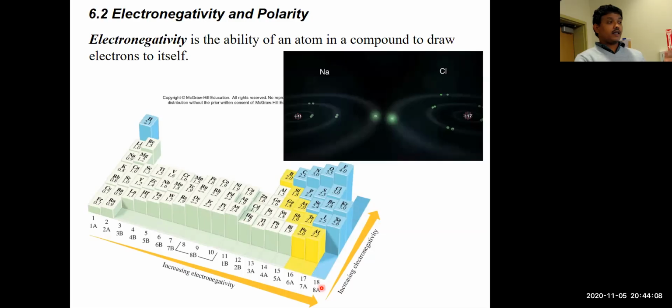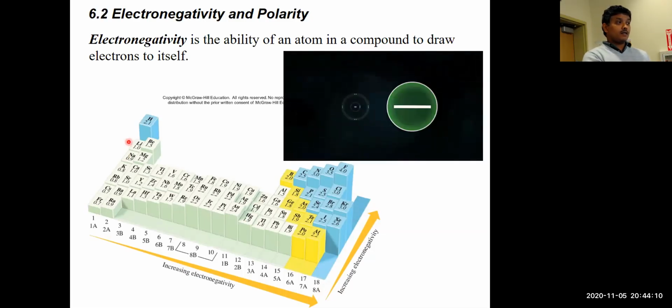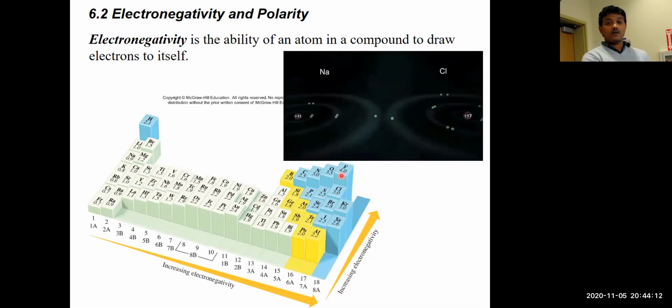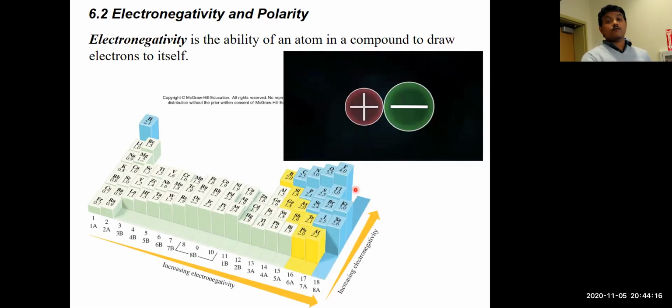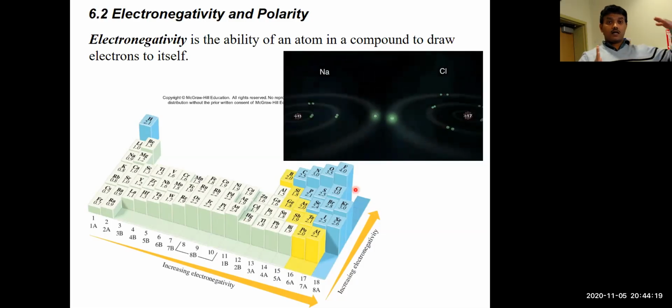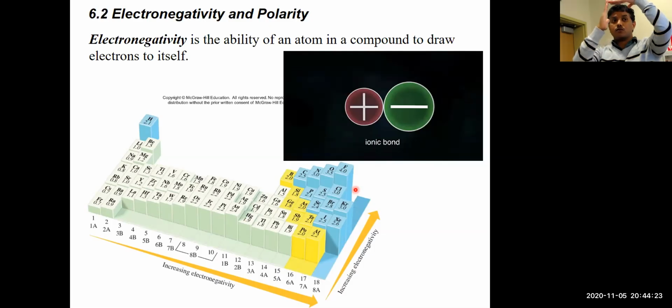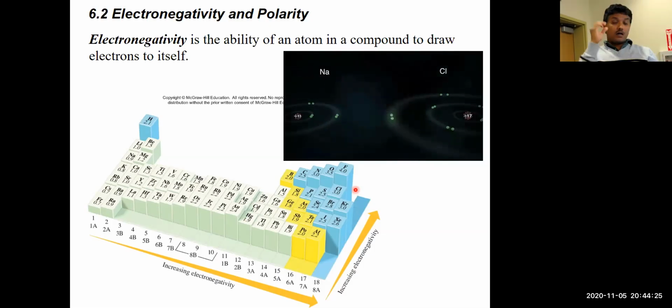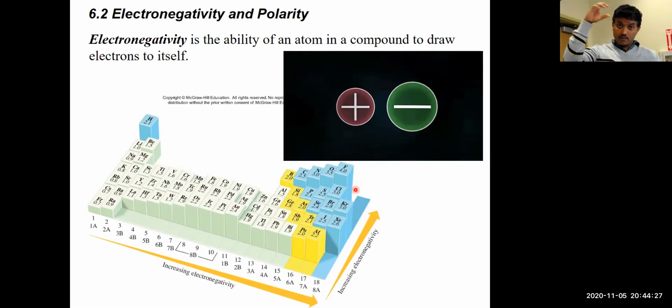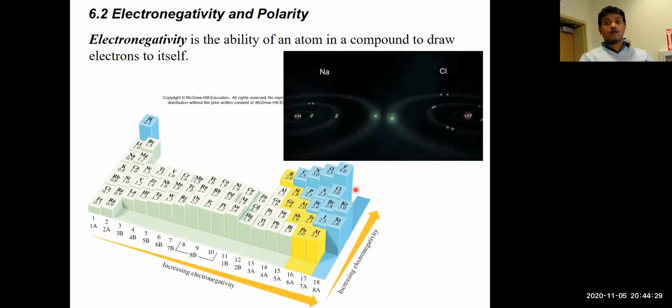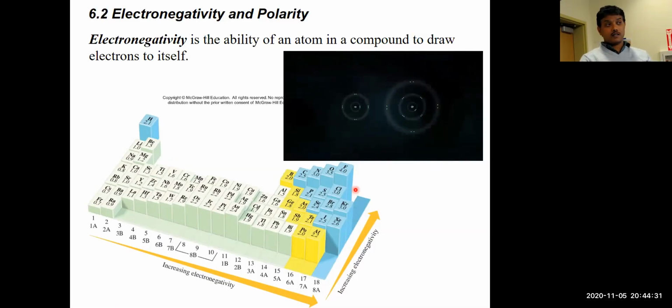So you can read it in any way. Most famously you can say that it increases towards fluorine from left to right, and also increases towards fluorine from bottom to top. So it goes like this, from left to right and bottom to top. Keep fluorine as your target point, because fluorine has the highest electronegativity of all the elements in the periodic table.